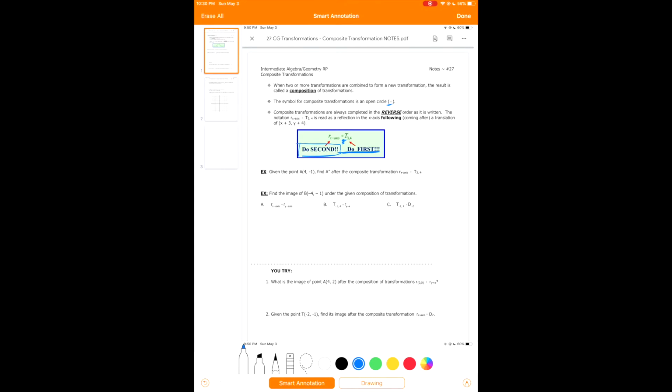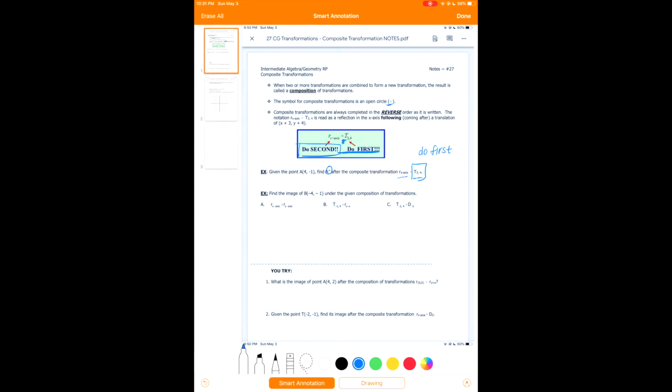So looking at the examples, it says, given the point A (4, -1), find A double prime. And again, the reason there's two primes here is because I'm doing two different transformations. So I'm reflecting over the x-axis, and then I'm translating (3, 4). So you're going to start here with the translation.